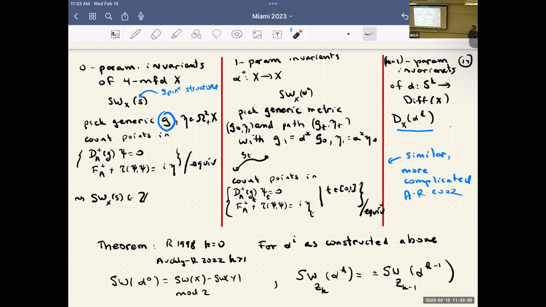So there are some results using related sorts of techniques where you get meaningful information about the homology, in this case, of diffeomorphism groups. So that's interesting.